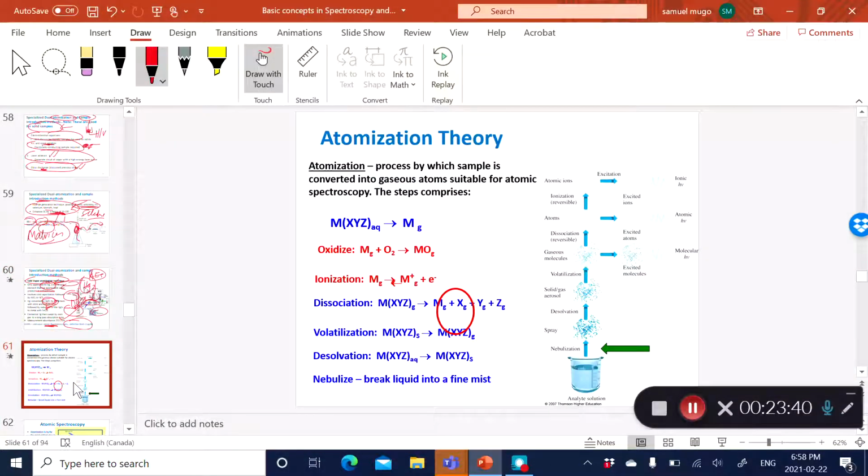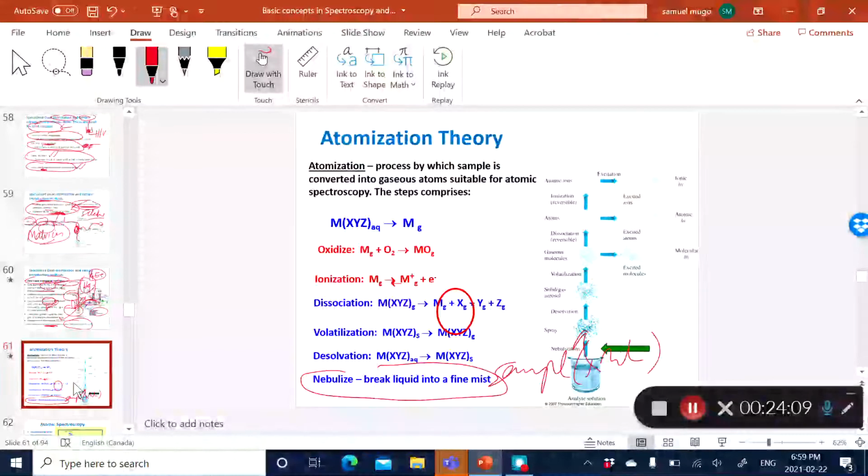So let us quickly discuss the theory behind atomization, or what is actually taking place. As I explained before, typically you've got a sample, and often it's a solution. Of course, you can also do liquids, as I have said. And then you nebulize it using the different types of pneumatic nebulization techniques that I talked about. And with nebulization, you're converting the solution into a spray or into a mist.